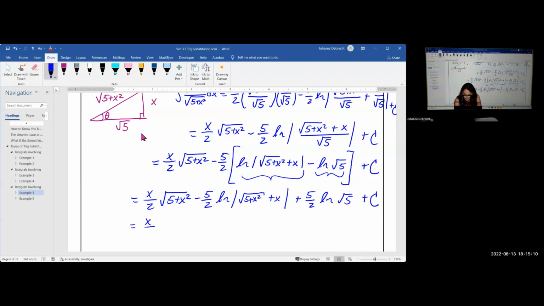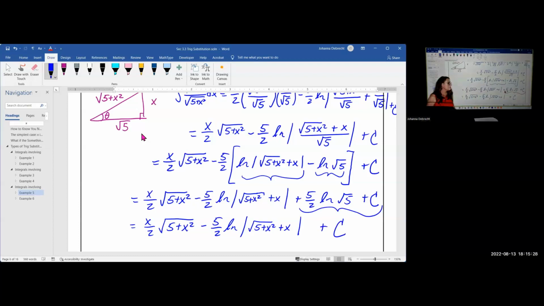What you're going to see in the back of the book is probably going to be this. They're going to take both of those terms at the back and roll them all together into one big plus c. Does that make sense to everyone?